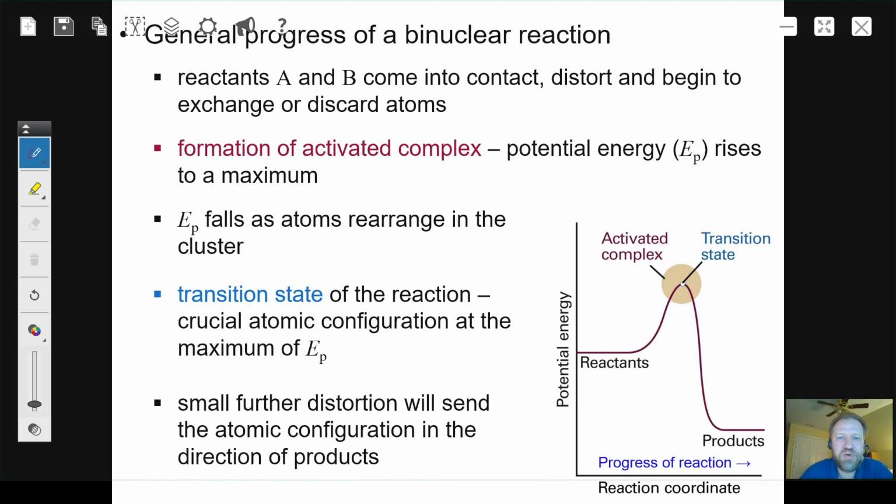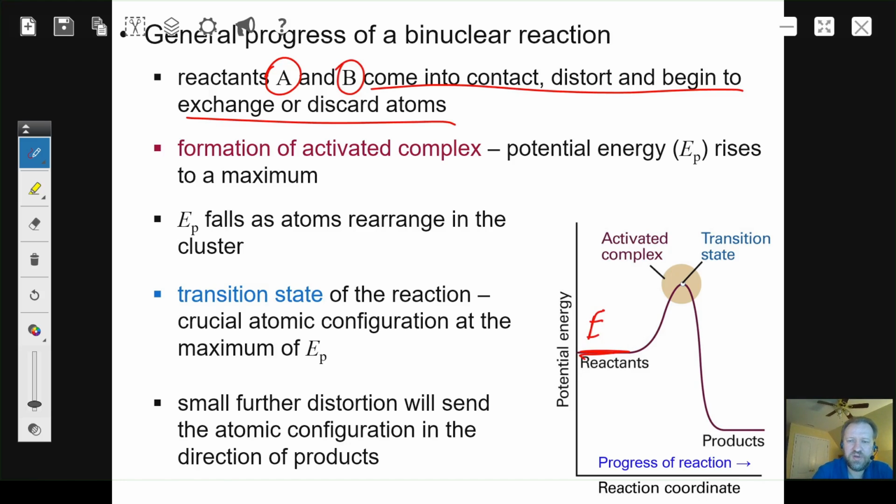Now let's consider the general progress of a bimolecular reaction to have a little bit of connection to our collision theory. So again, we are considering reactant species A and B that come in contact, distort, and begin to exchange or discard atoms. Our original reactants have a certain potential energy, EP sub R. In this case, we're basically following the same progress as discussed in the collision theory.